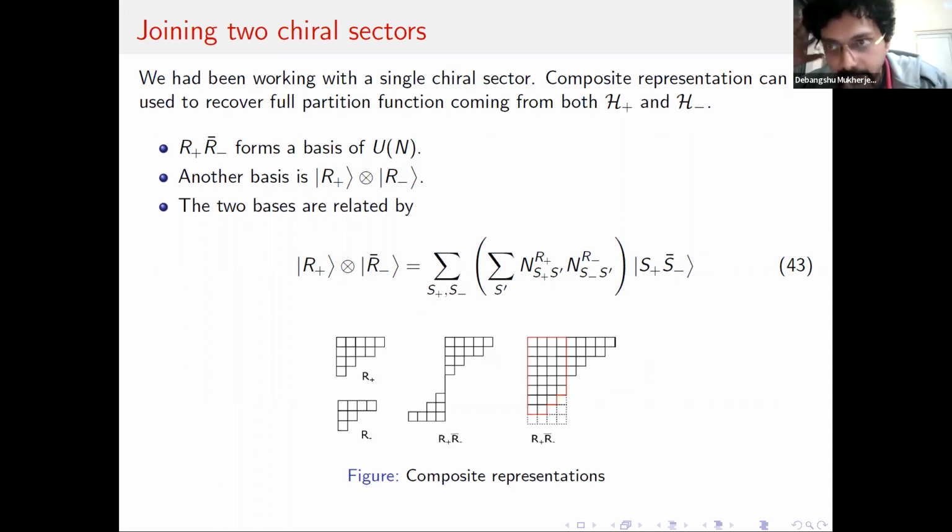I'm forgetting the exact argument, and the undercounting is exactly by a factor of half. So the reason to go to composite representations is to make sure that you have indeed counted all possible representations. This is a matter of counting in the strict n going to infinity limit. That's the catch. This is the reason why you require this.